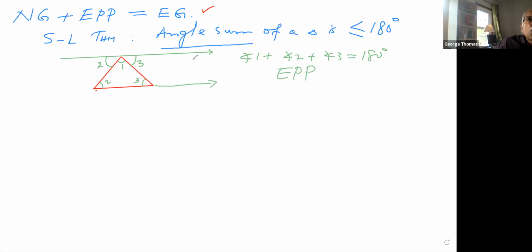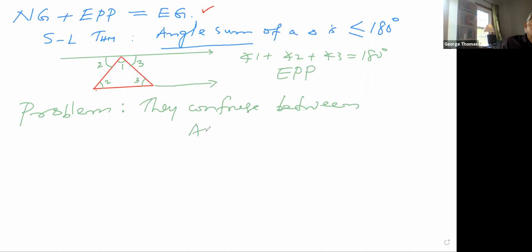Notice that in school, there is a problem. Throughout the world, in schools, there is one problem. There may be many problems, but I know one problem. They confuse between AIAT and its converse.